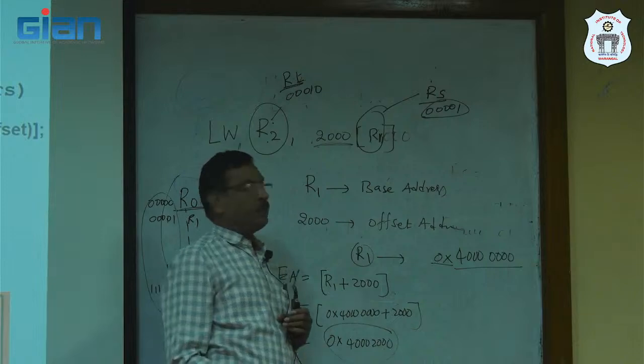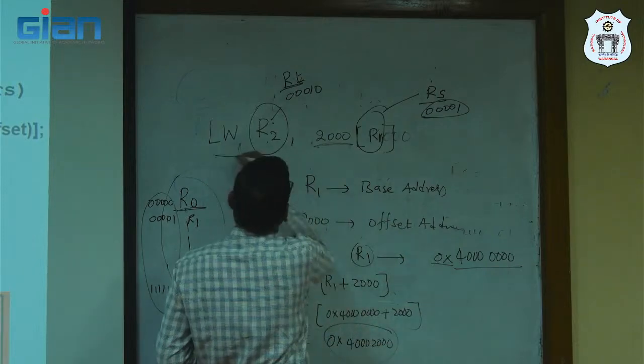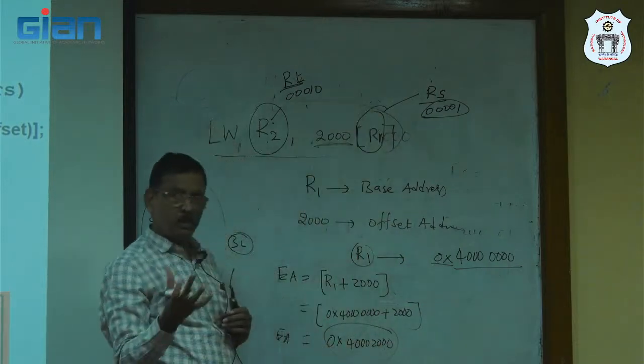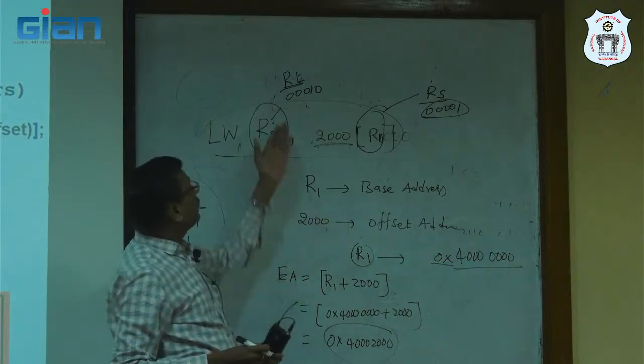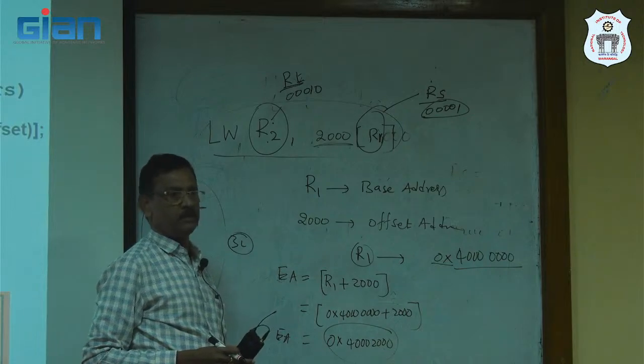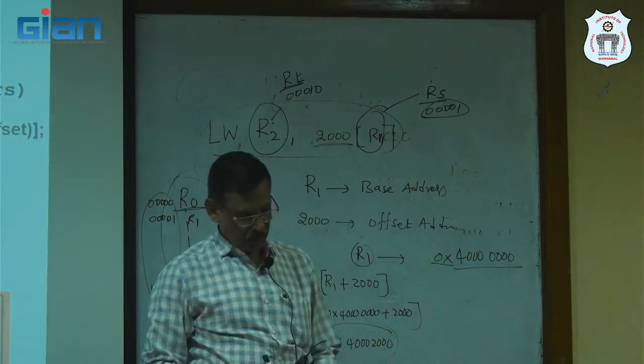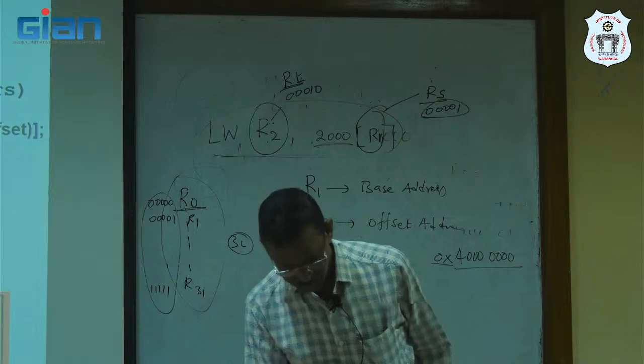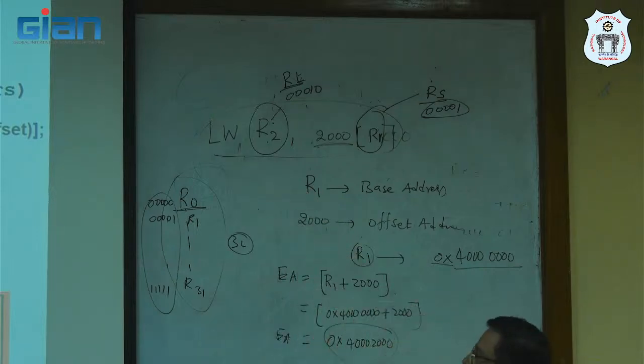If you write code like this, the instruction code, the assembler will automatically fill in these numbers. Okay. So is it clear? Any doubt in this load instruction data path? Any questions here?